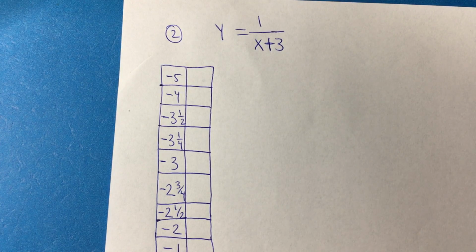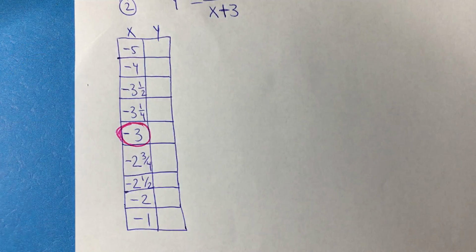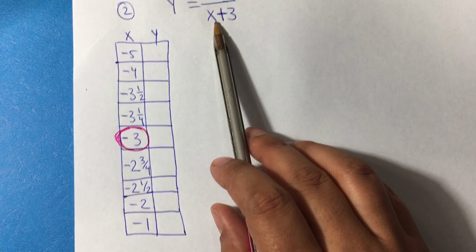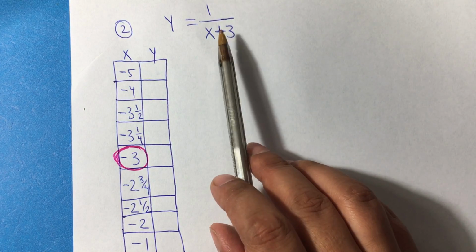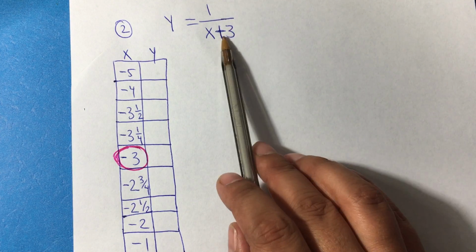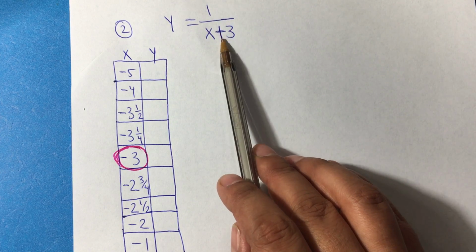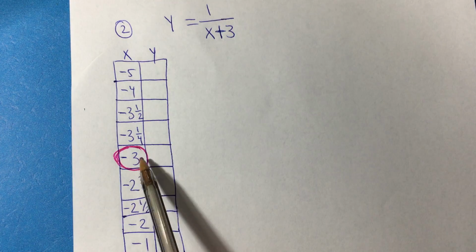I chose these points, and let me show you how I choose. How do I choose these points? I try to guide myself with the vertical asymptote, and it's just by setting this equal to 0 and solving it. So if we're adding 3, the opposite is to subtract 3, and so it will be x equals -3.